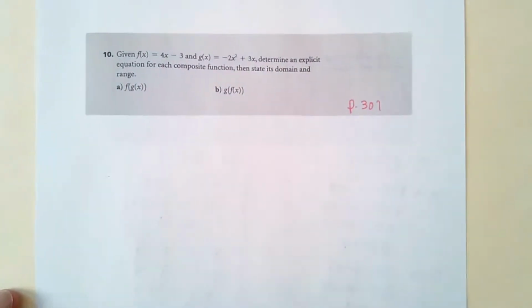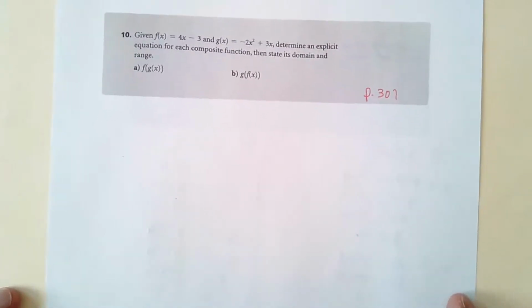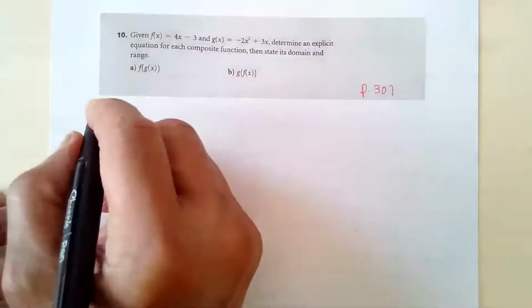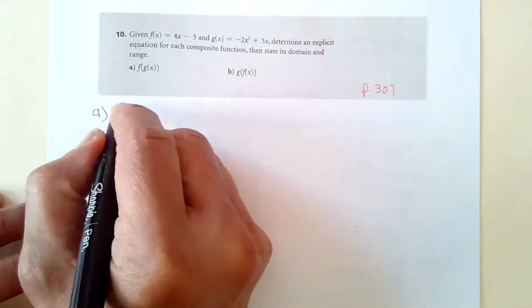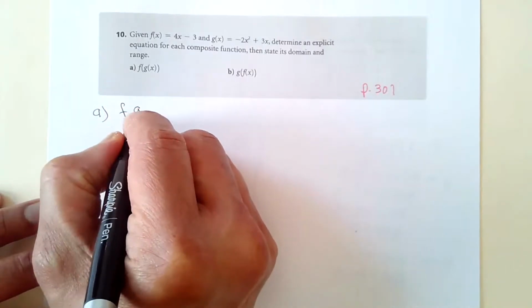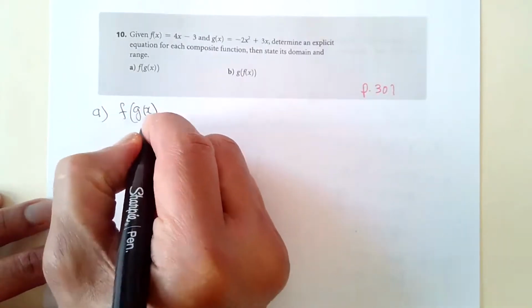Okay, we'll look at 2 other examples. Question 10 is on page 301. Here you're given 2 functions, and we need to write the explicit equation for them. So let's look at the first one. We have A, f of g at x.